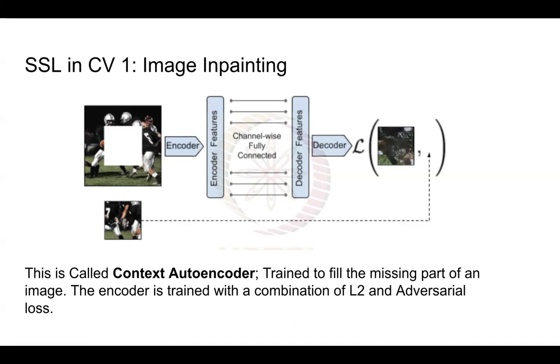What you do is you cut a piece of the image from anywhere inside the image, and your task is to predict this part. So if this is the full image, this is your feature and this is a label, so you converted unlabeled data to labeled data by creating features and labels from this unlabeled data.